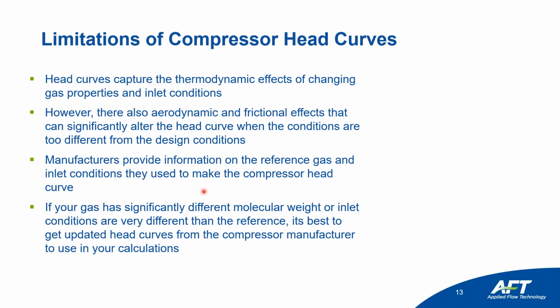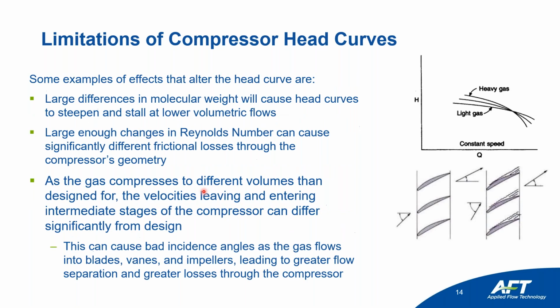How you can tell is manufacturers will provide this information of the reference gas, which is typically air, I would say, and the inlet conditions that they use to create the compressor curve. And if you're starting to think, okay, this is pretty far from the pressure and temperature I'm operating at, or my fluid is a very heavy fluid when it comes to molecular weight, and what they use is very light, or vice versa, then that's when you can reach out to them and get better compressor curves.